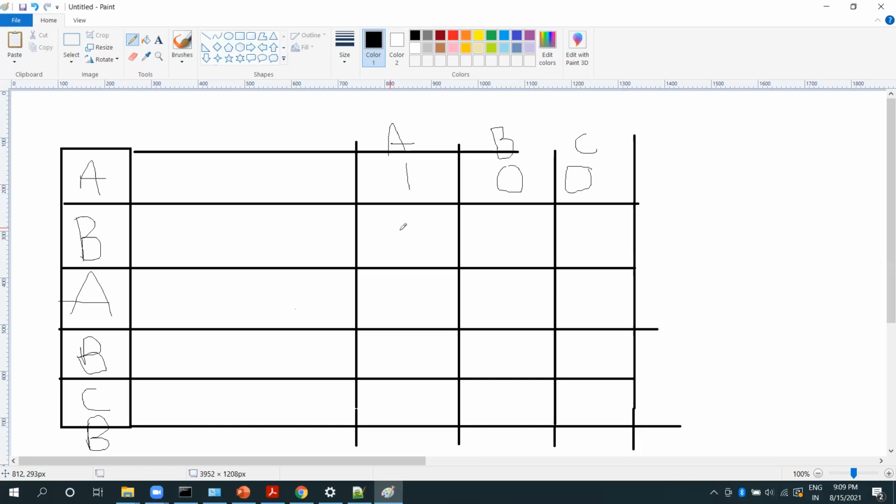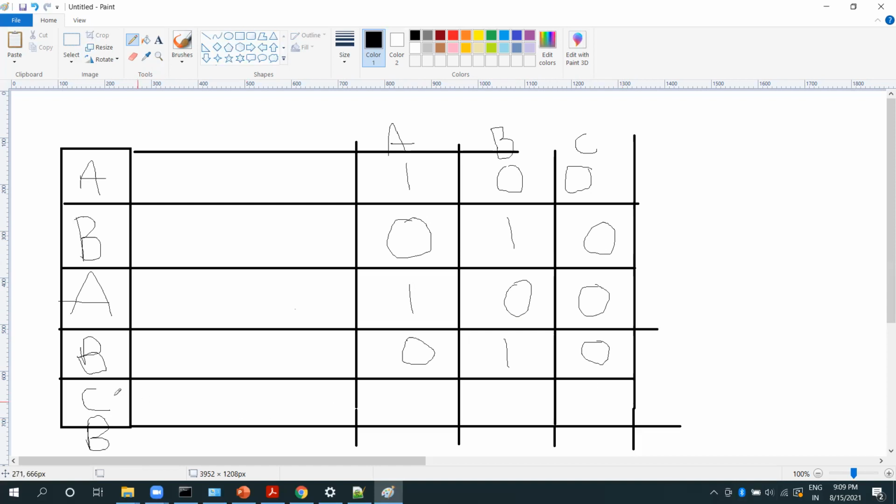Do we have A here? No, we don't have A here. Do we have B here? Yes, we have B here. Do we have C? No. Do we have A? Yes. B? No. C? No. B is there, so we put 1 for B and 0 for the rest.